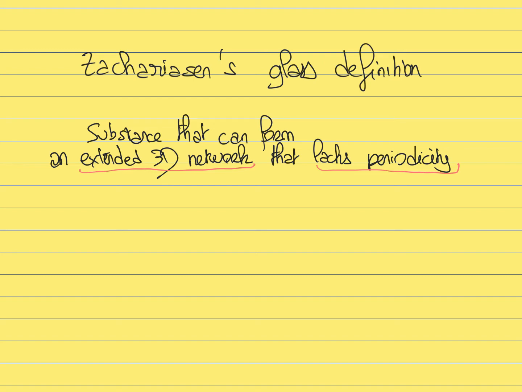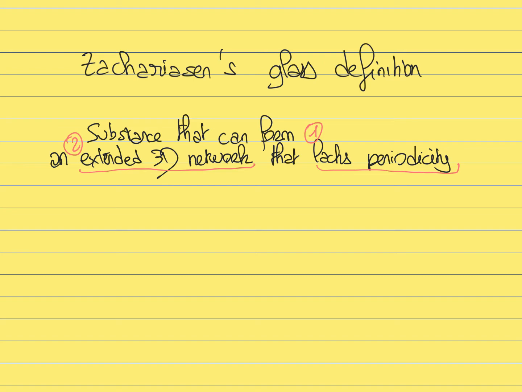The first thing is that the glass must lack periodicity, which means it should not have a periodic structure like a crystal. The second thing is that it should be able to form an extended 3D network. And when you think about it, those 2 conditions are pretty much opposing each other.